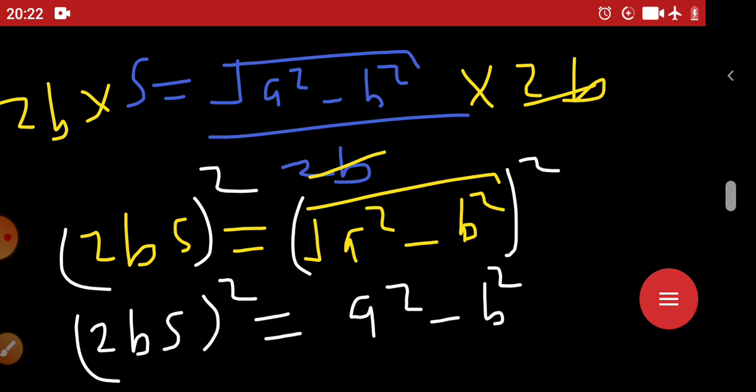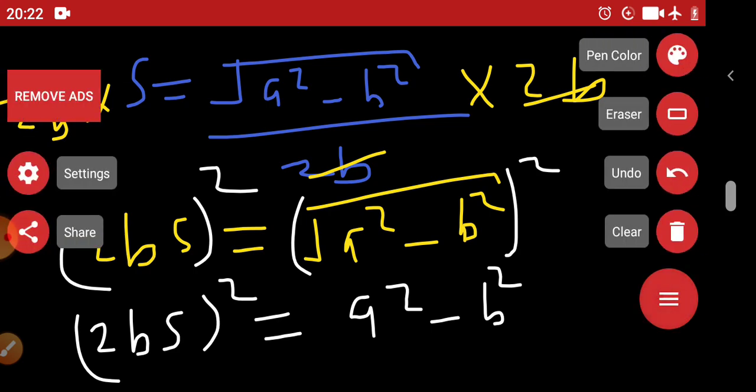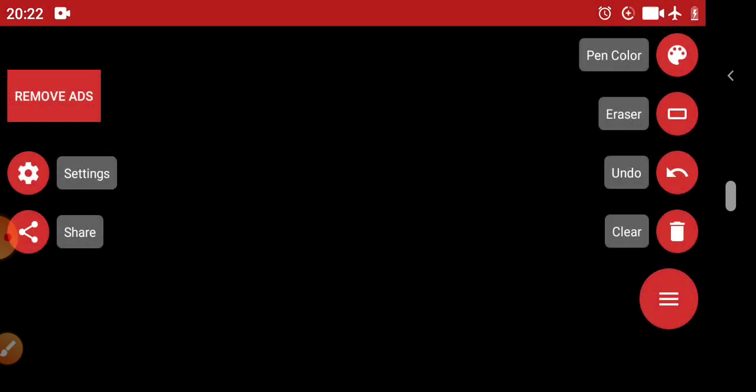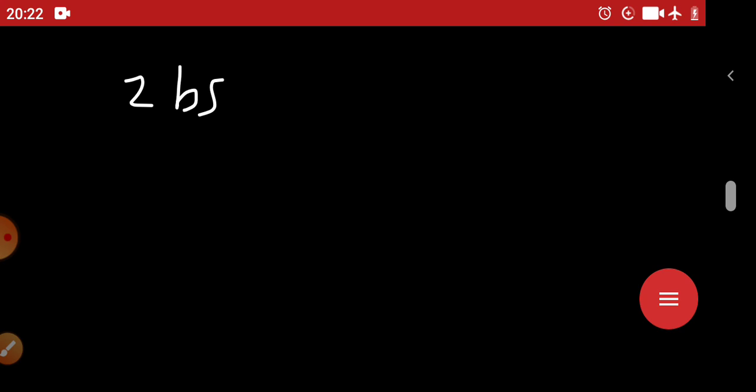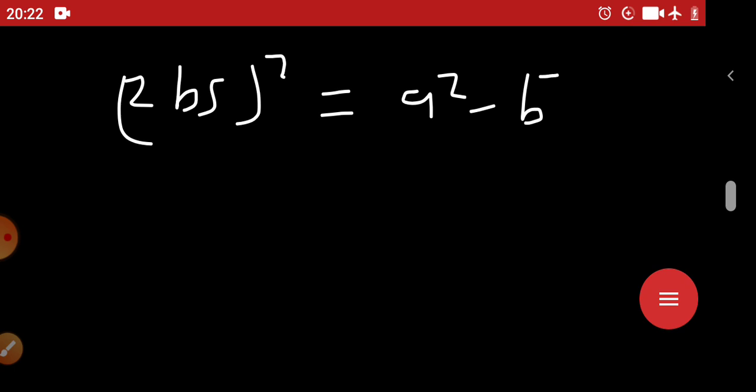So 2bS all squared is equal to a squared minus b squared. We are required to make a the subject of the formula.